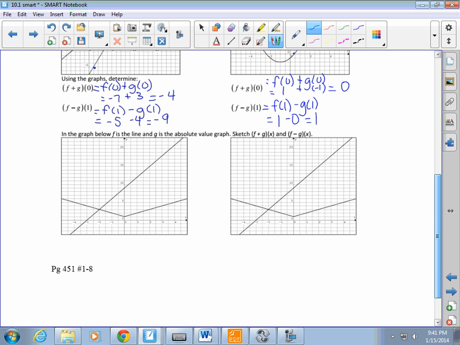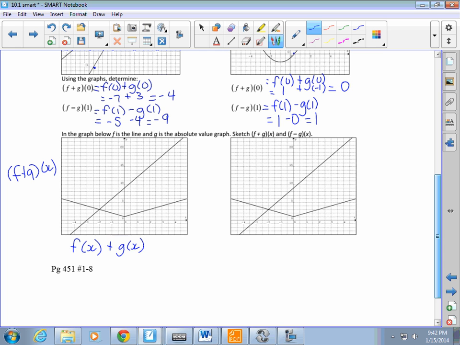So this graph here, we're going to do f plus g of x. What we have to remember is, f plus g of x is the same as saying f of x plus g of x. So what you do then is you pick x values, and then you're going to find out what is the y value for those.